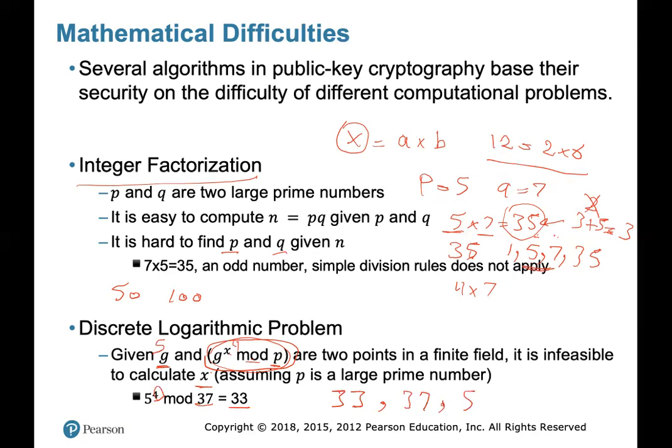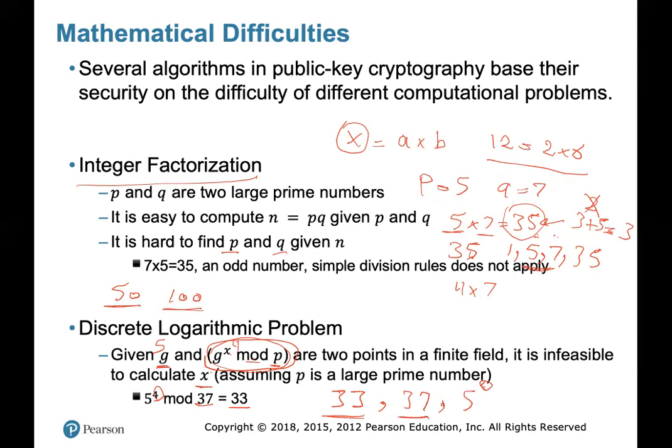The only way you have is to calculate different powers of 5 and take the mod with respect to 37 and compare to see which one equals 33. So it's going to be time consuming. That's why we say it's computationally infeasible. Of course, we are again talking about cases where the prime numbers are very big.